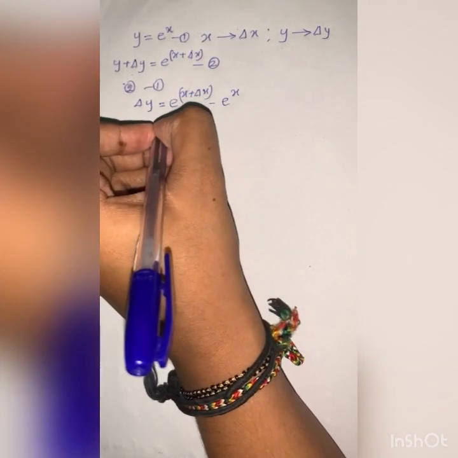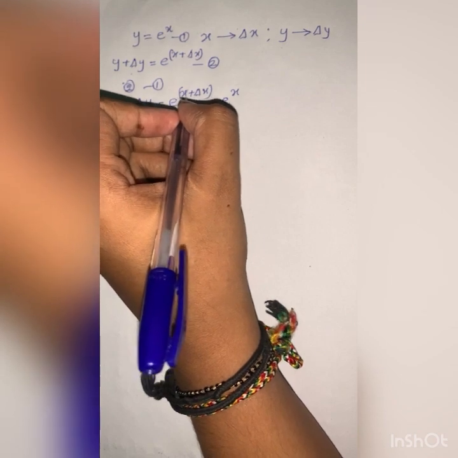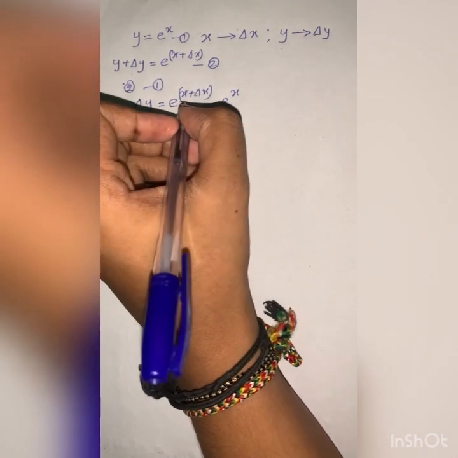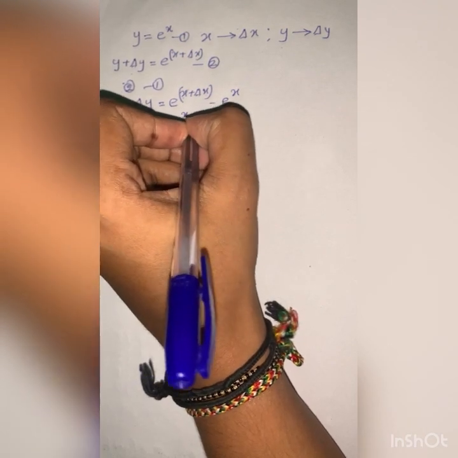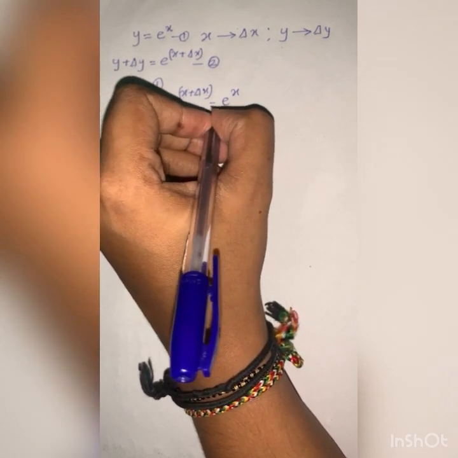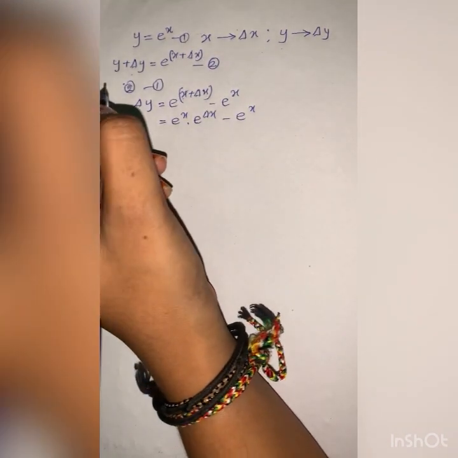With the knowledge of powers, we know that if two powers are added, we can write it as a multiplication. So we write this as e to the power x into e to the power delta x minus e to the power x.